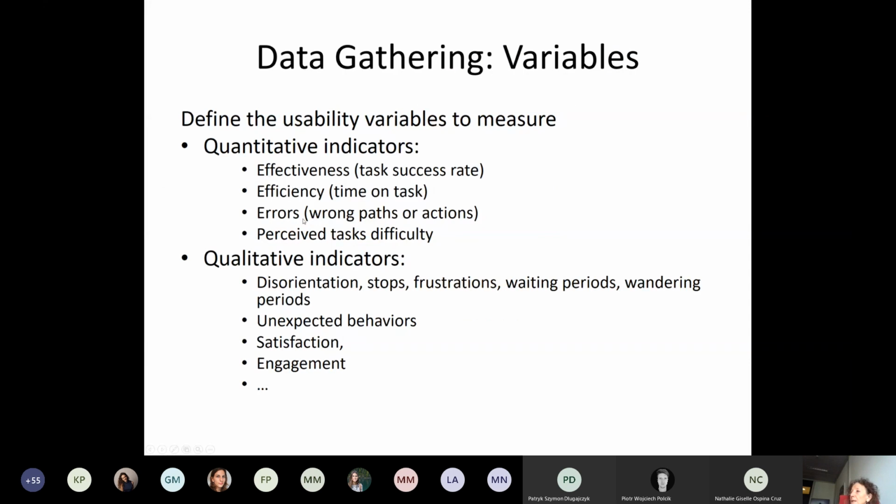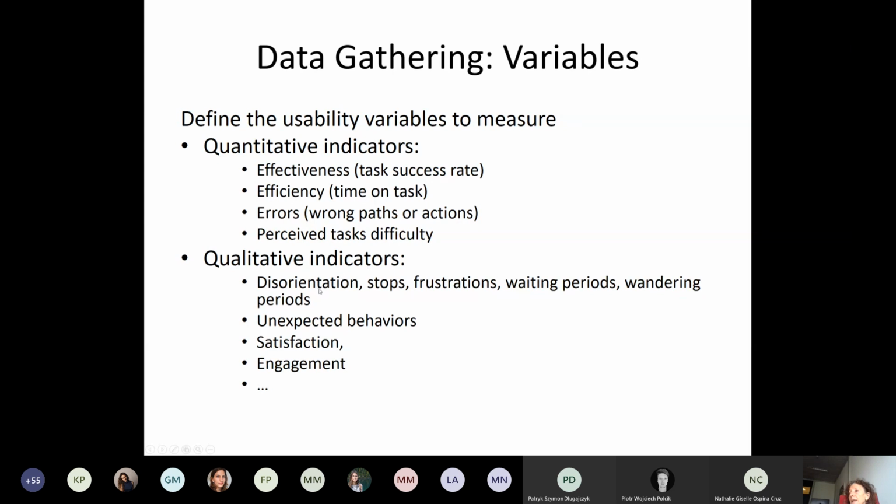Efficiency, the time on task, and error, when the user makes a mistake and does not take a good path, a good navigation behavior in the application, and also how difficult the user perceives executing the task. These are things that can be immediately measured through numbers, so they're called quantitative.